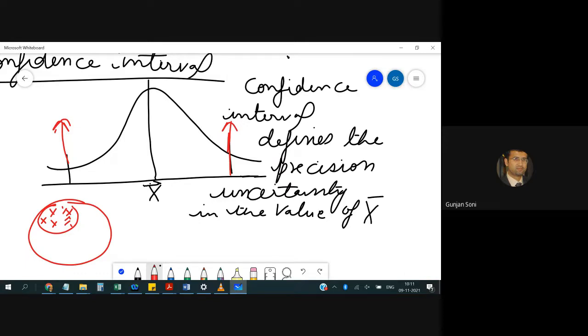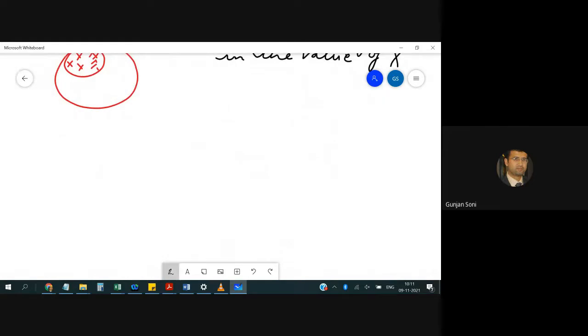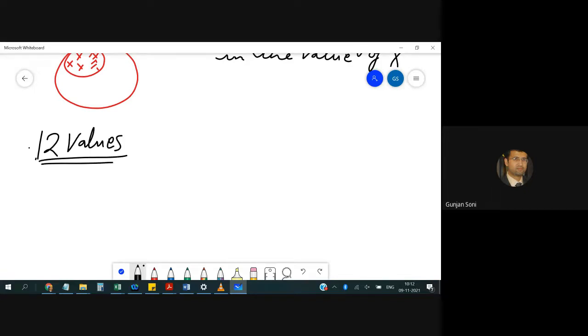So, 12 values in a sample. 12 values are there, so we can say n equal to 12, in a sample have an average of x bar and standard deviation sx.